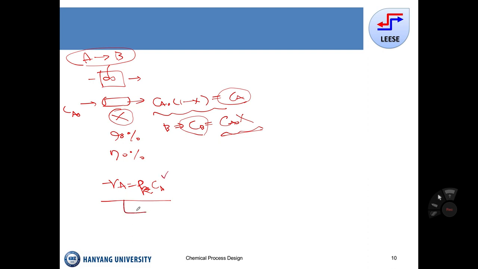Then using the kinetics, we can have the volume of the reactor, we can have the concentration in the reactor. Okay? So this is the so-called estimation of the performance of the reactor based on reactor kinetics. Okay?